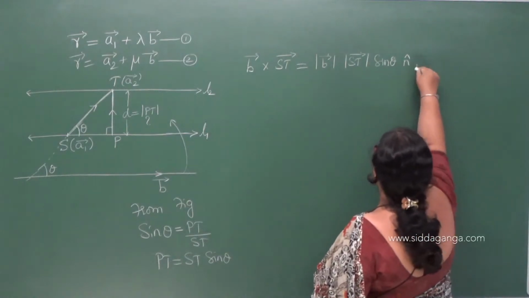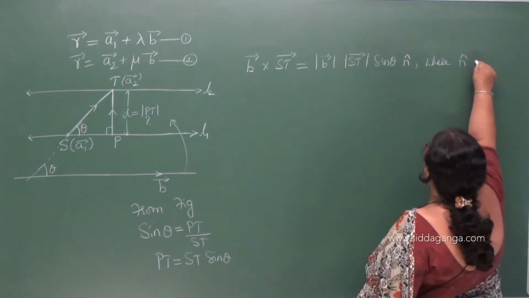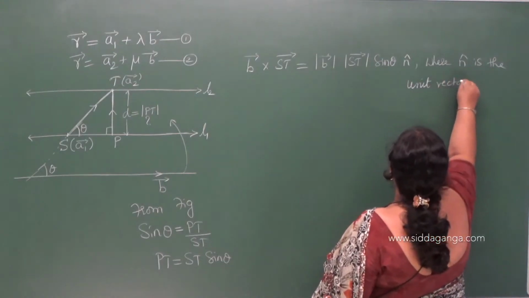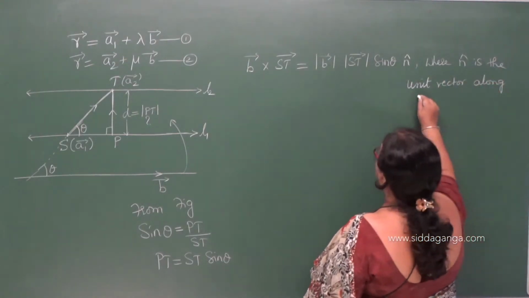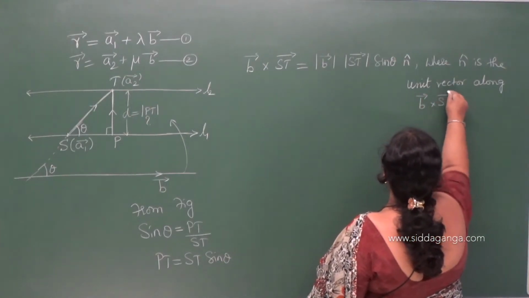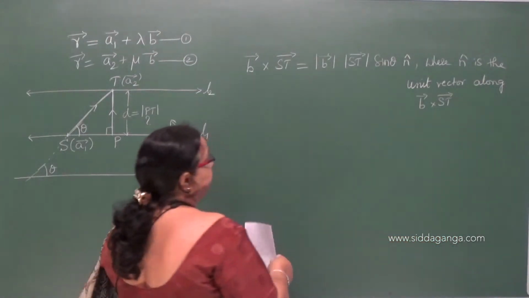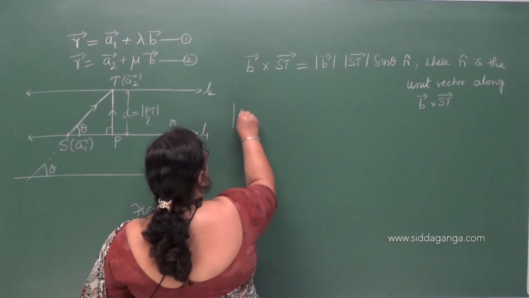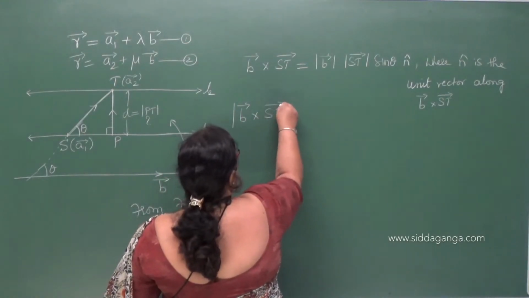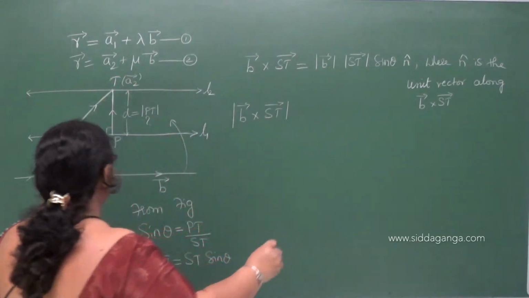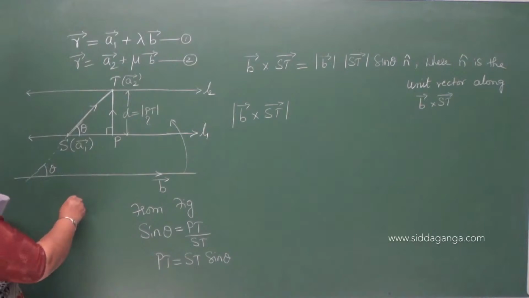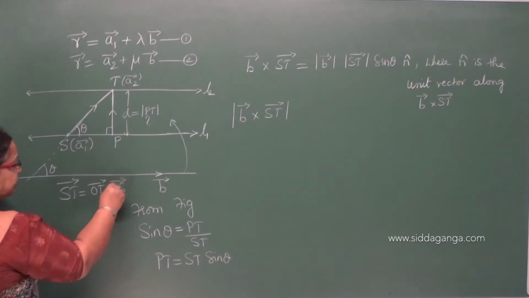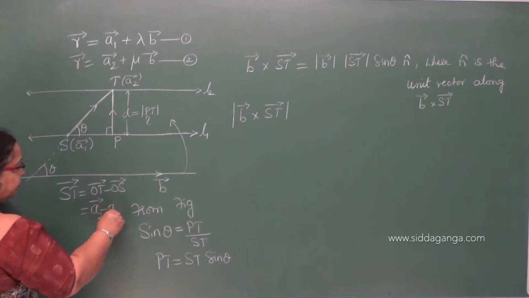So you take n cap, where n cap is the unit vector along the direction of vector B cross vector ST. Now you take the modulus of vector B cross vector ST. ST we can write, looking at the figure, as vector OT minus vector OS, which means vector A2 minus vector A1.